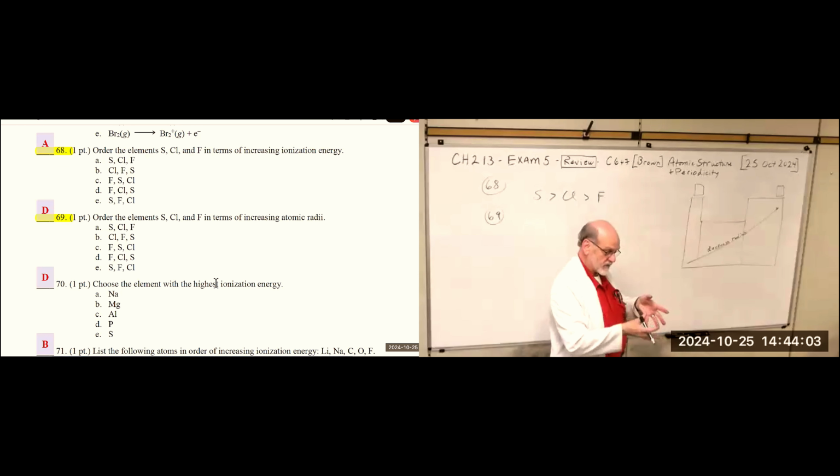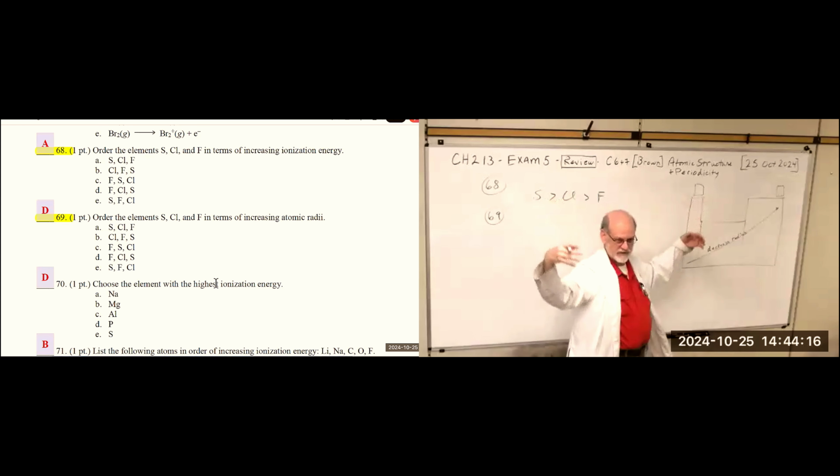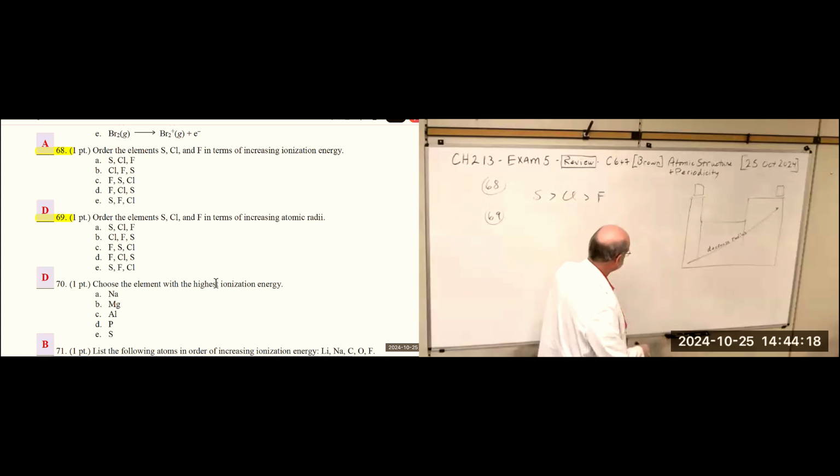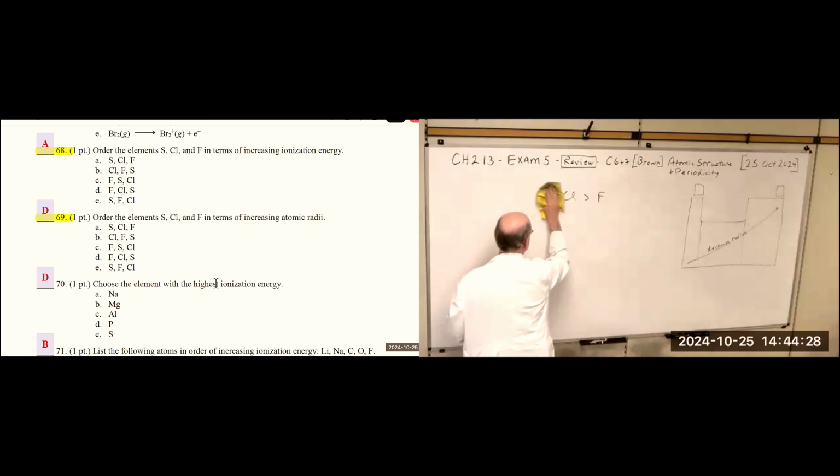And then the inner layers shield the outer layers from that nuclear charge. You've got these core electrons protecting the outer electrons. All right. Okay.